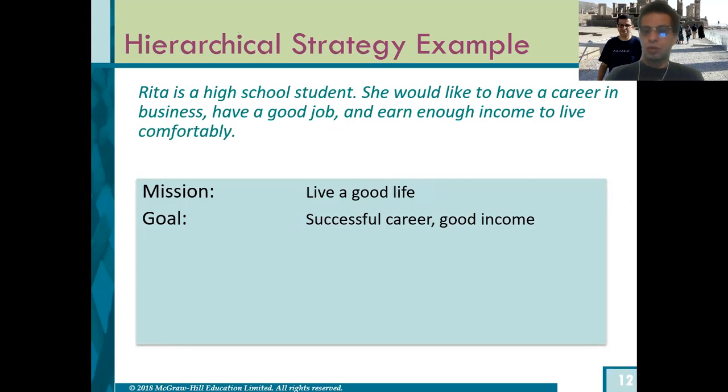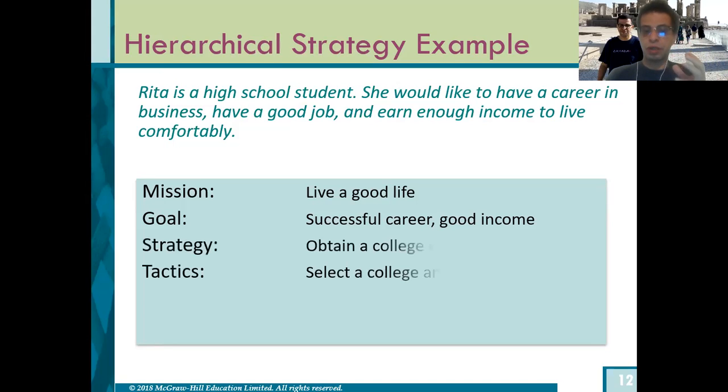Rita is a high school student. She would like to have a career in business, have a good job, and earn enough income to live comfortably. So what's her mission? It is to live a good life. What's her goal? To be successful and have a good income, because a good income and success will help her achieve her mission.